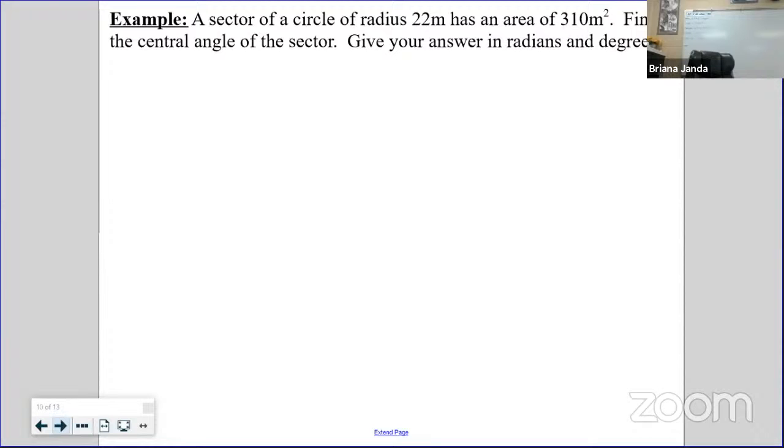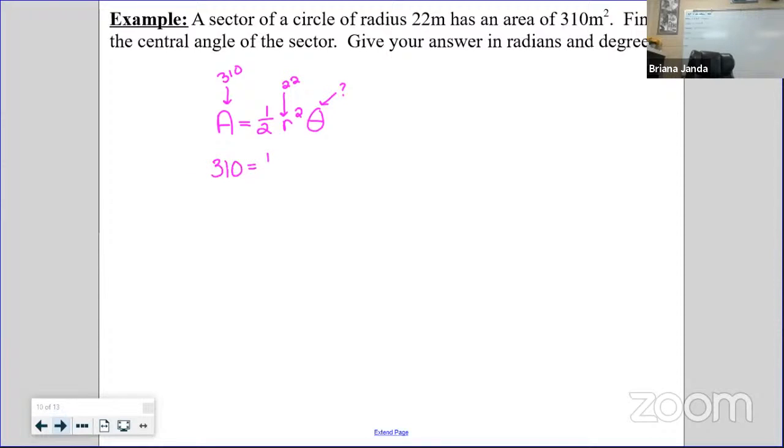So again, as we start our formula here, they tell us that the radius is 22. They tell us that our area is 310. And they say find this, right? Find theta. So that's going to stay as our variable as we set this one up.